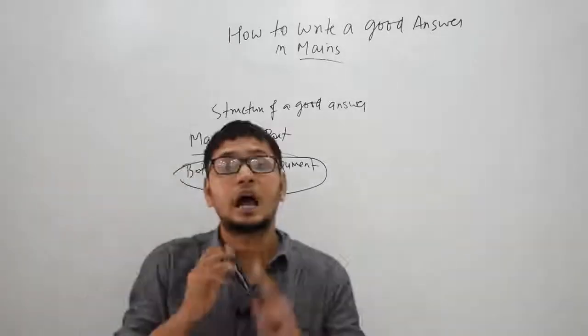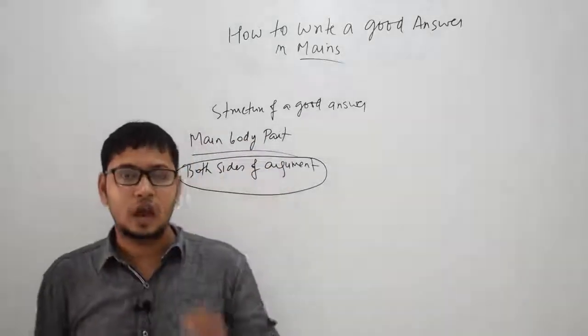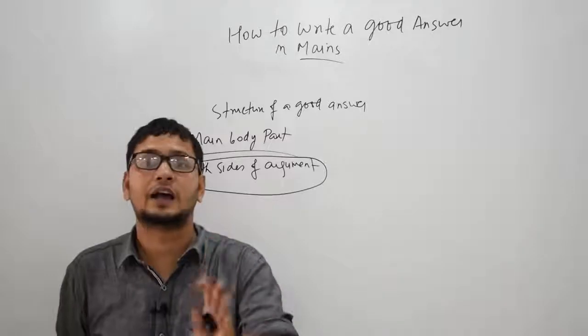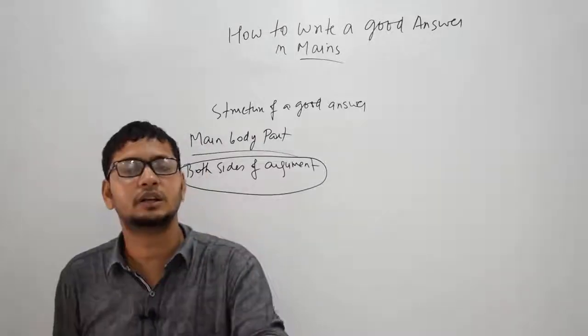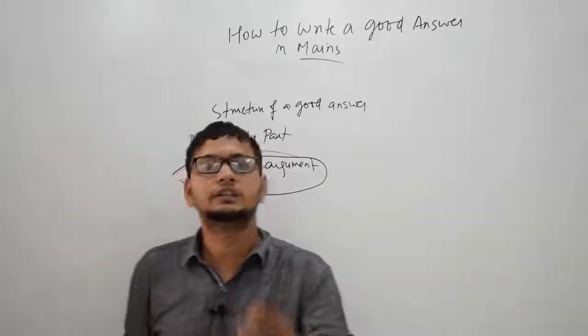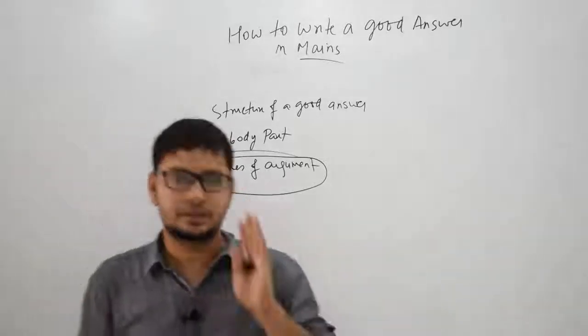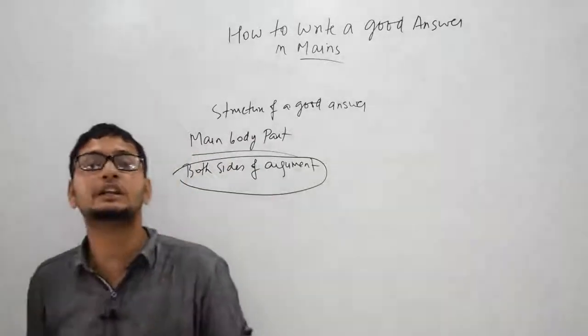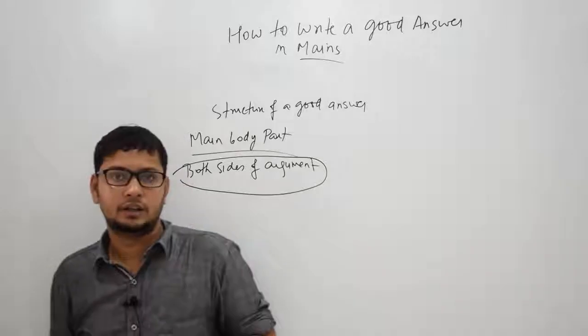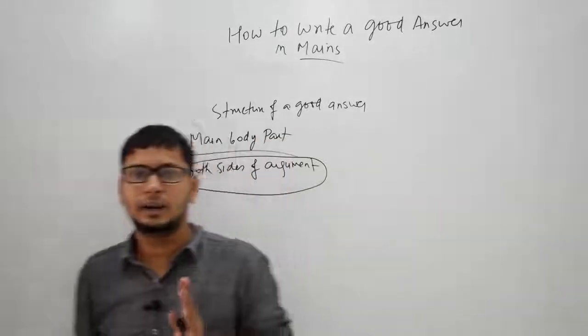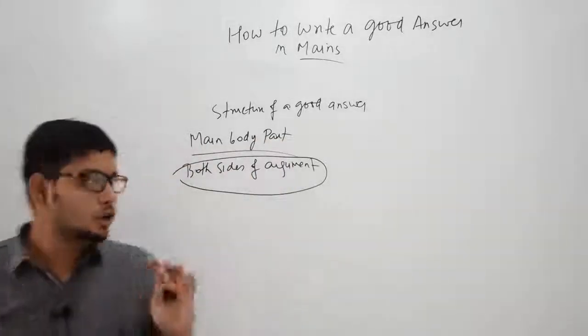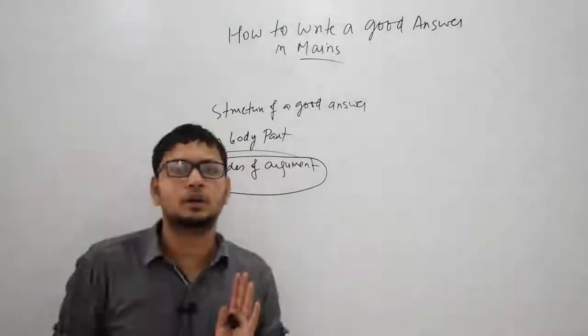In the main body, you don't have to take a stand. You have to mention the facts: this is why this is beneficial, and these are the issues or challenges. You can take your stand in the conclusion part. That is your place to take your stand. But in the main body part, you will have to be very, very neutral.